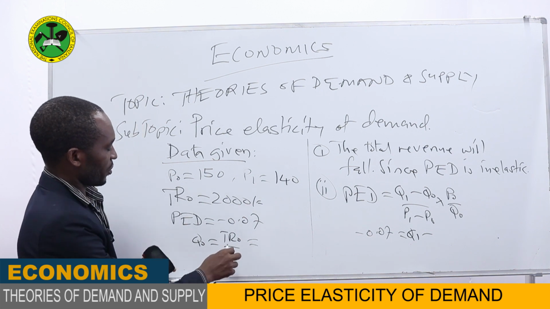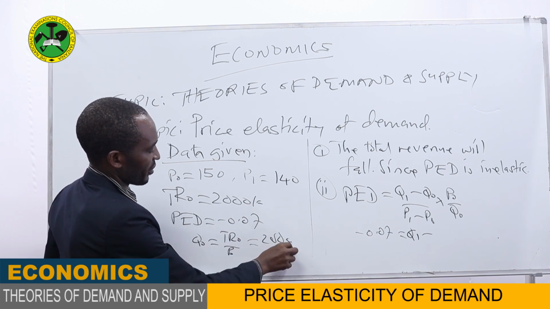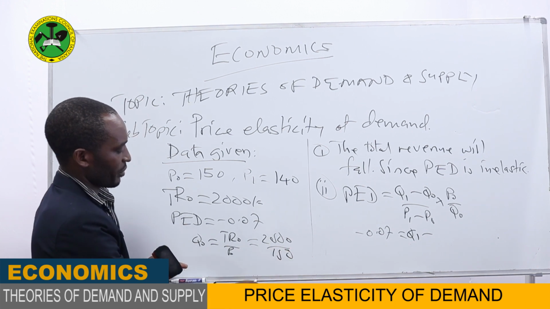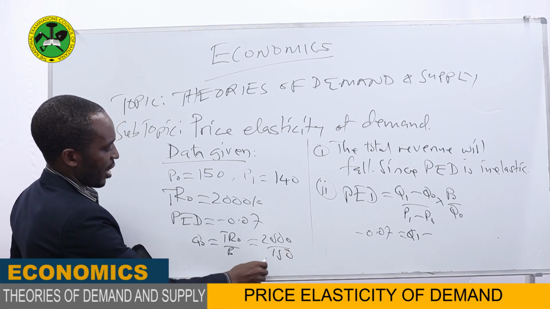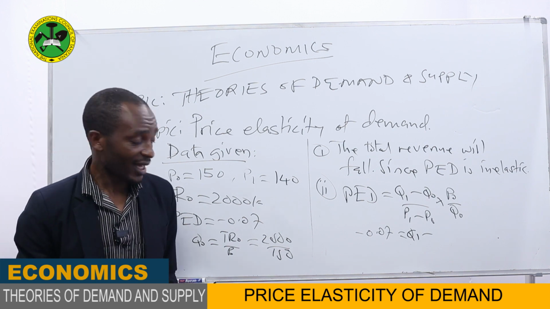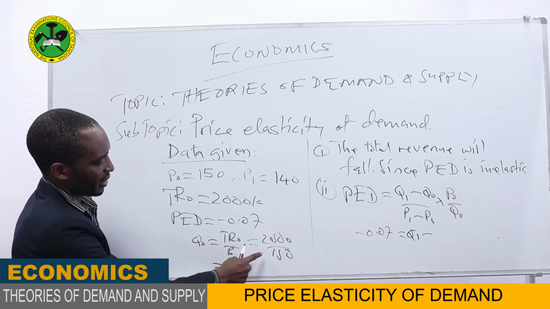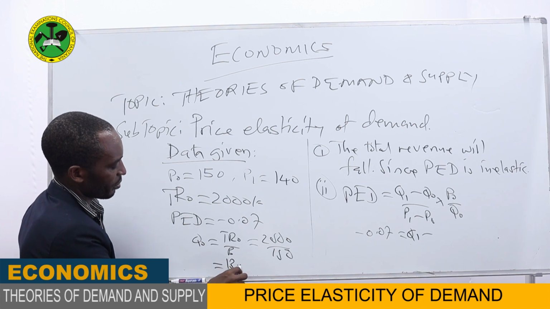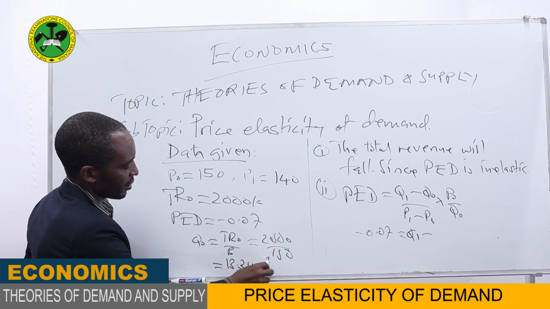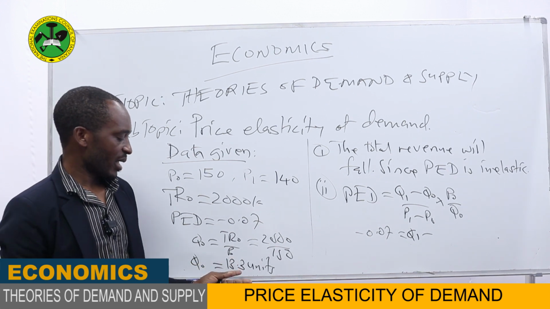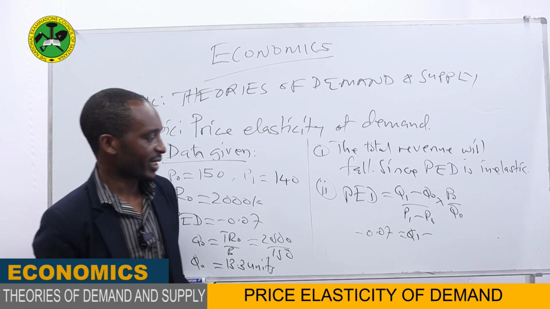So the Q0 will be 2,000 divided by 150. When you use your calculator, dividing these numbers, you'll get 13.3 units. So the Q0 will be 13.3 units.